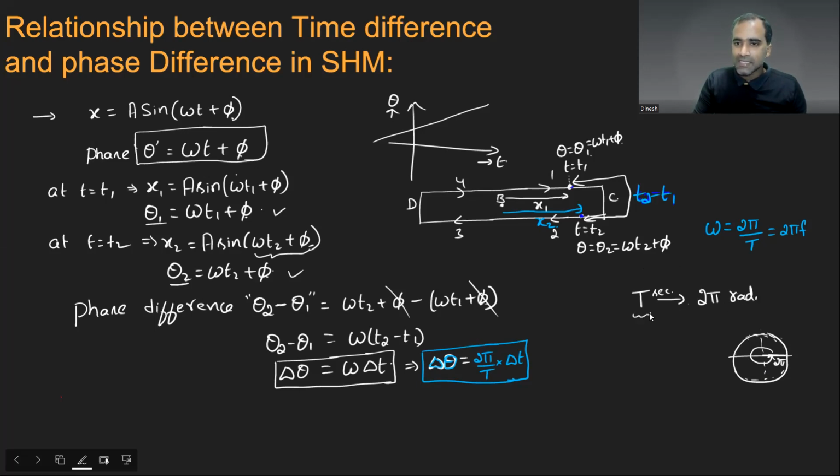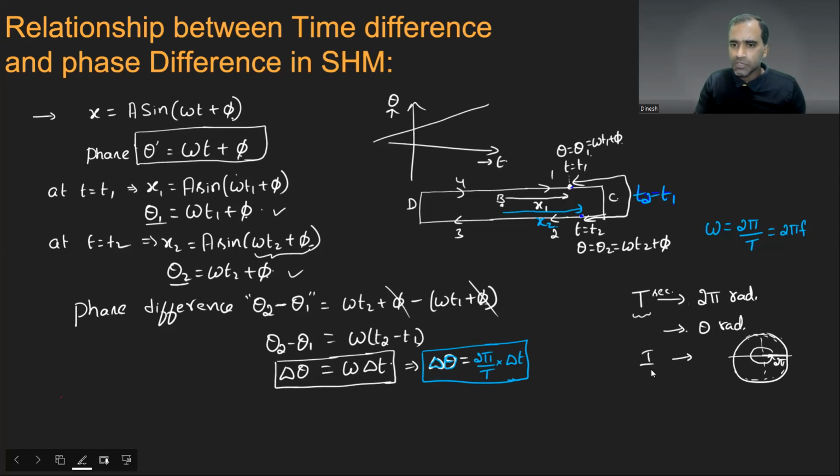So T seconds of time corresponds to 2 pi radians. From that, can you tell me what theta radians corresponds to? If 2 pi radians corresponds to T seconds of time, how much does theta radians correspond to?